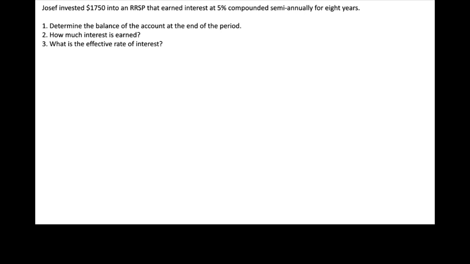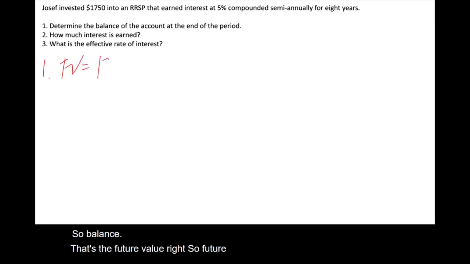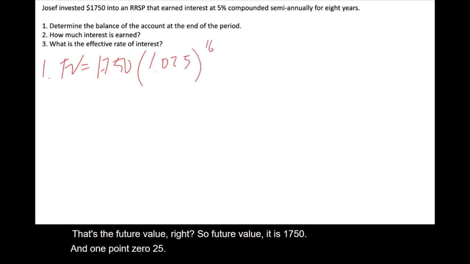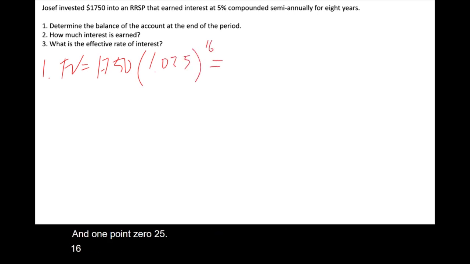Okay, let's see. So balance, that's the future value, right? So future value, it is 1750 times 1.025 exponent 16. So $2,597.88.